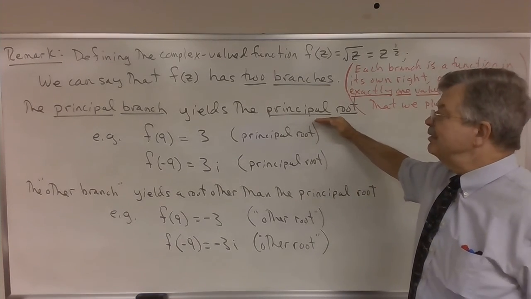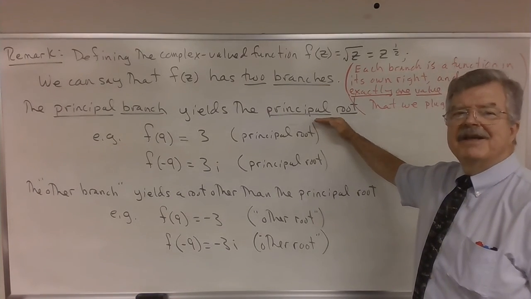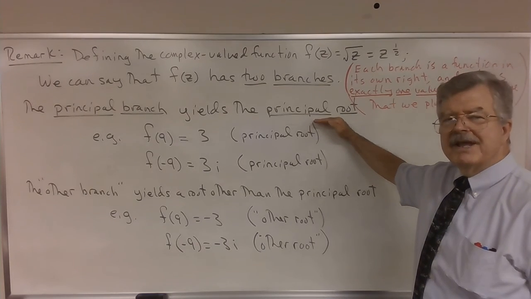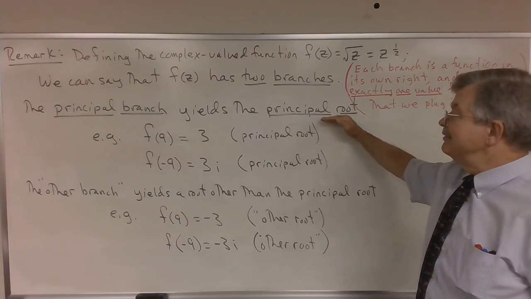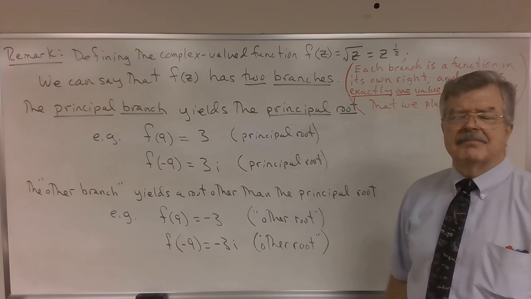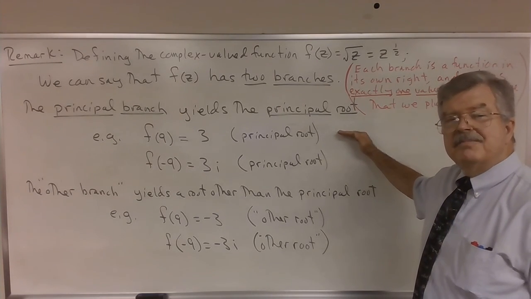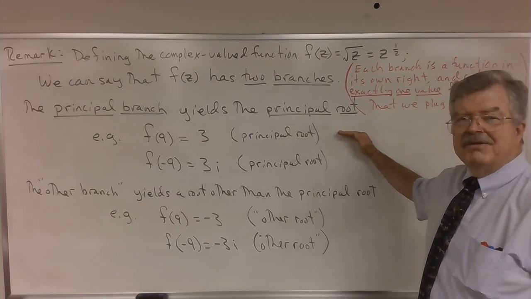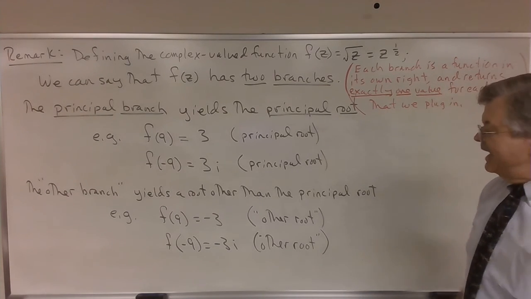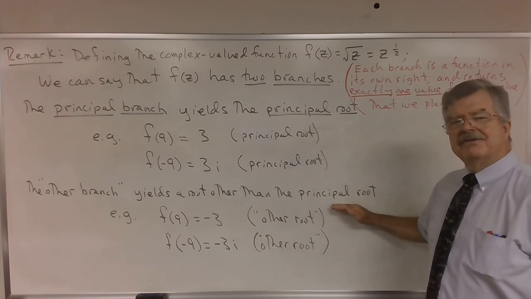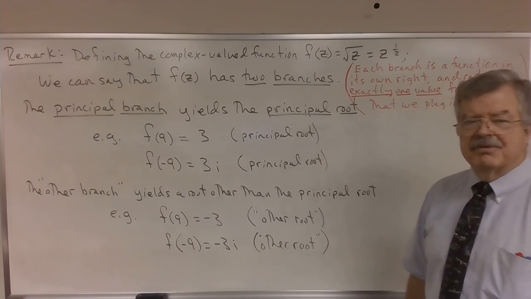So this principal branch we can think of as being the canonical branch, the one that yields the principal root. And the function may yield other values as well. The function may have other branches that yield values other than the principal root.